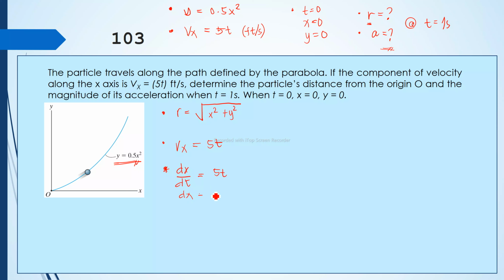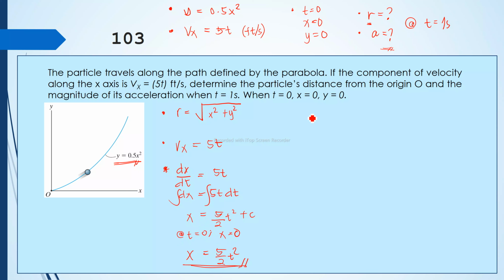Then dx is equal to 5t dt. We integrate this, and we will have our position function along x, which is equal to 5 over 2 t squared plus c. But at time equal to 0, x is equal to 0, so safely we'll have x equal to 5 over 2 t squared.